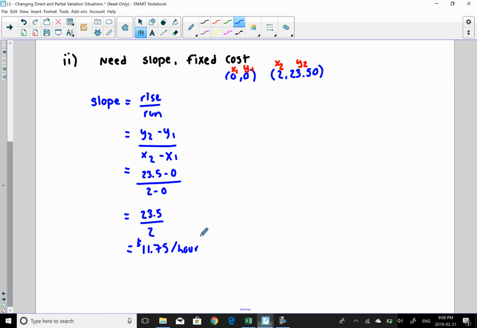Okay. So to set up my equation, remember, we like to use y for dependent, how much he makes. So let y represent the amount earned.